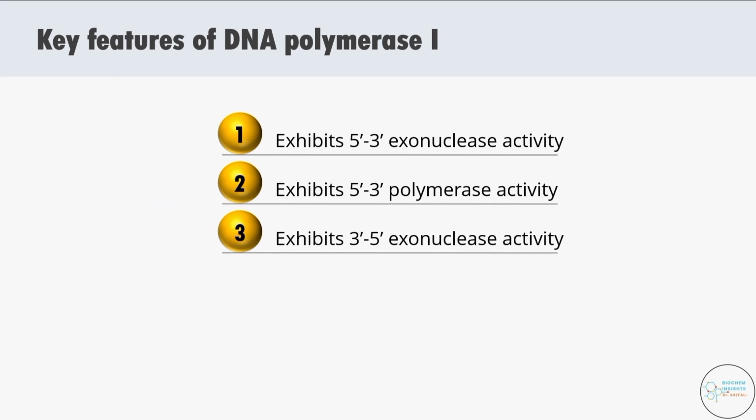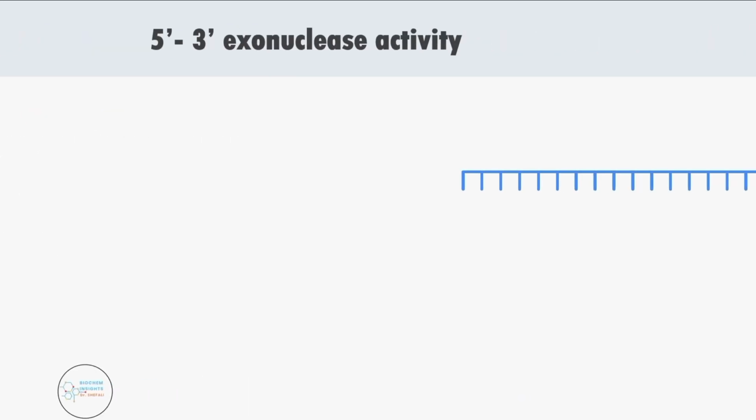So just like DNA polymerase 3, DNA polymerase 1 also exhibits 5' 3' polymerase and 3' 5' exonuclease activities. But in addition to these two, DNA polymerase 1 also exhibits 5' 3' exonuclease activity. So let us see what is the 5' 3' exonuclease activity of DNA polymerase 1.